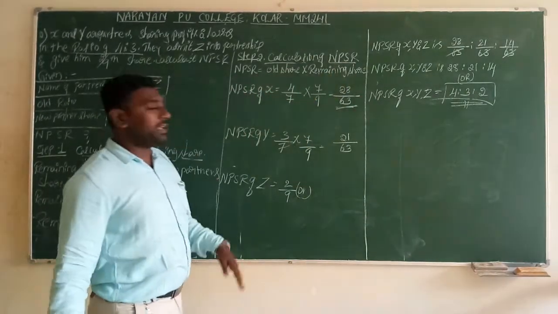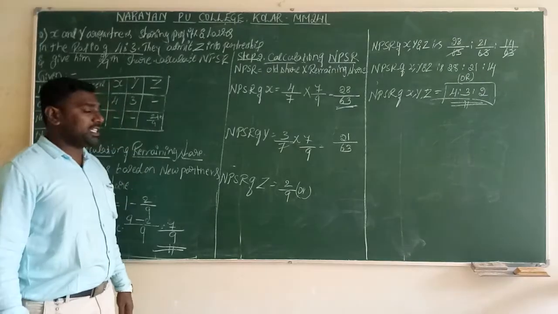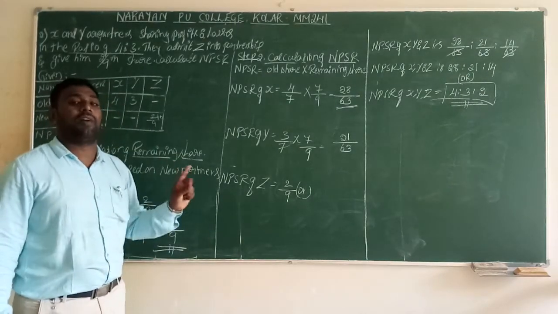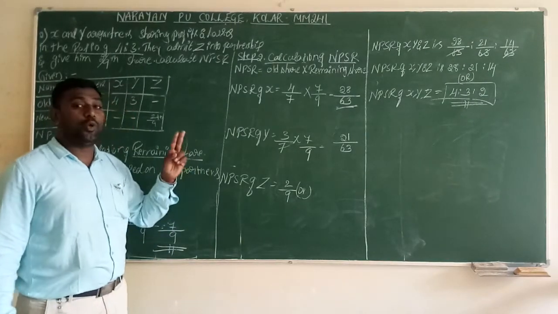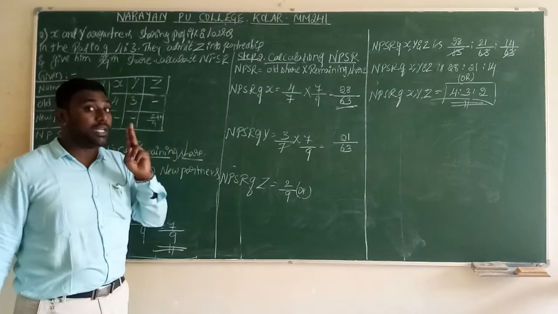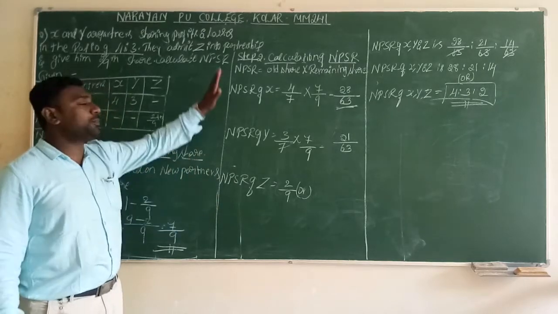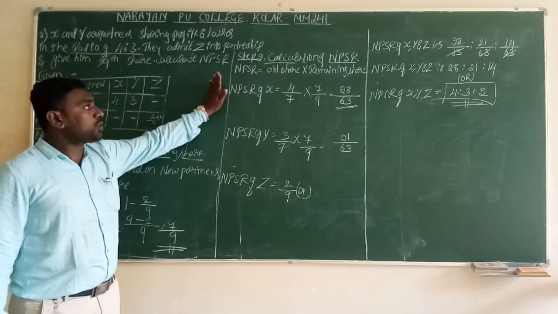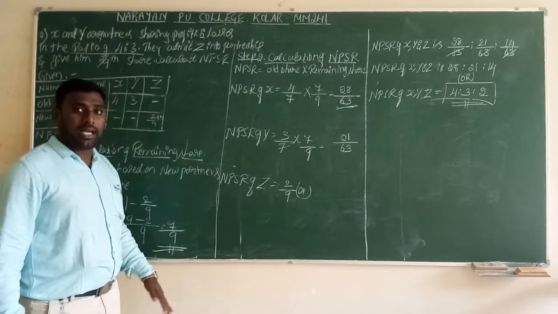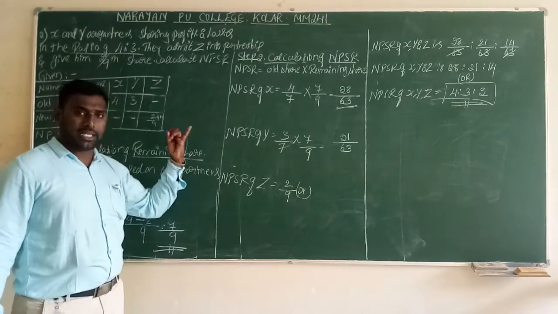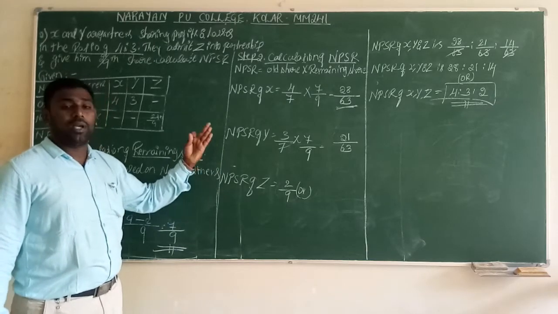In this manner we calculate the new profit sharing ratio under case number 3, when the old ratio and the new partner share, only 2 values, are available. I think you have understood case number 3. We completed case number 1, case number 2, and case number 3.